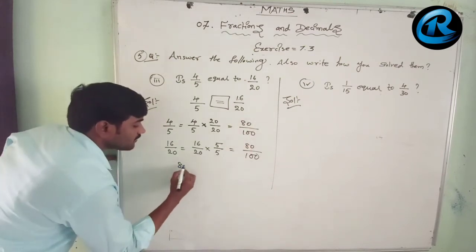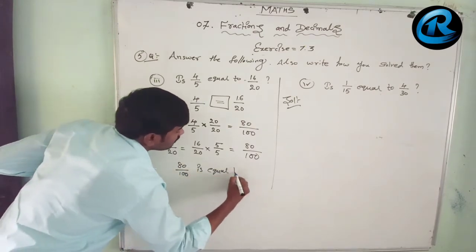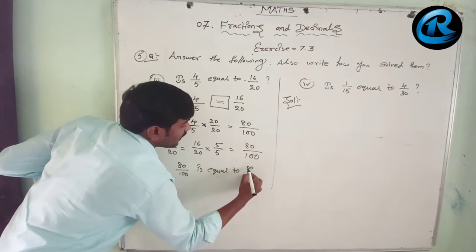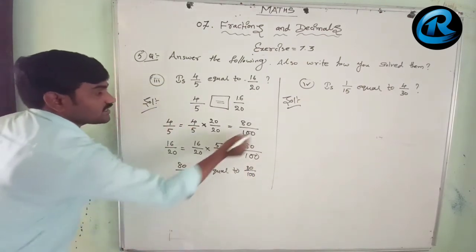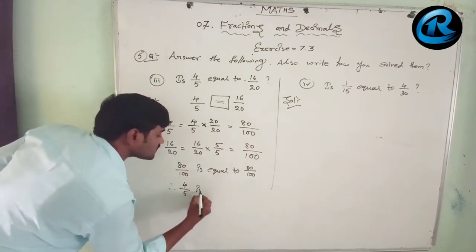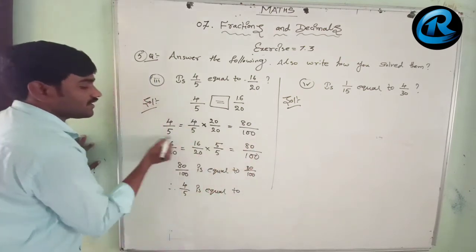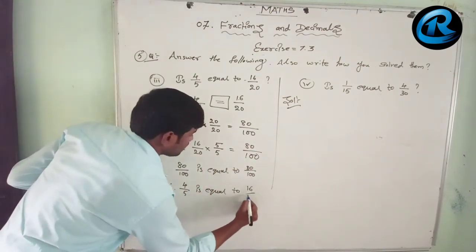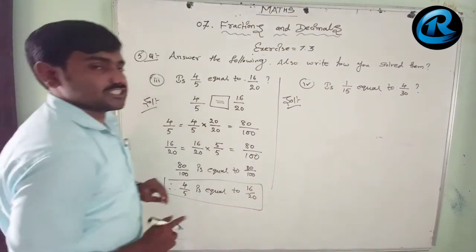Here 80 by 100 is equal to this 80 by 100. These both are equal. So 80 by 100 is nothing but 4 by 5, and also 16 by 20. Simple. 4 by 5 is equal to 16 by 20.